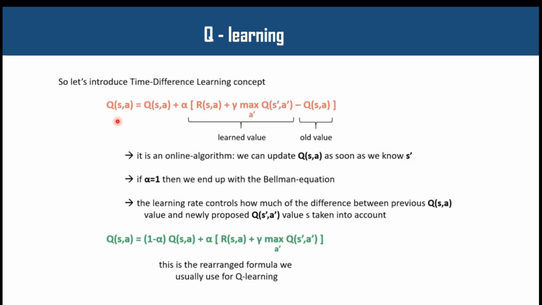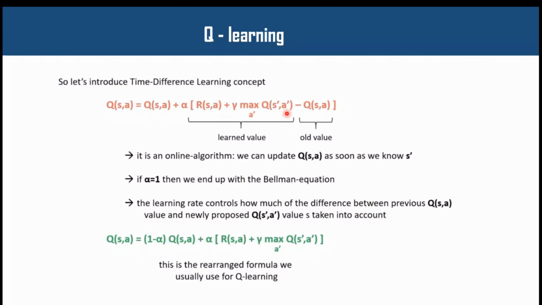So this is the equation for this. Q of S comma A is nothing but the state value. And that is Q of S comma A plus alpha times R of S comma A plus gamma max Q of S prime comma A prime.